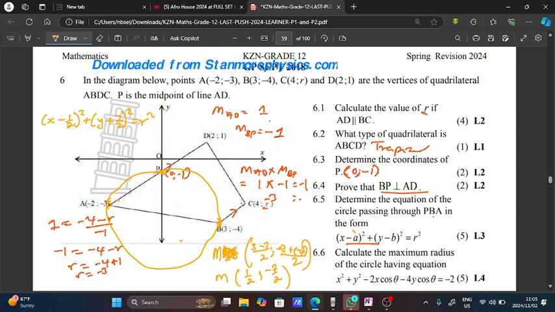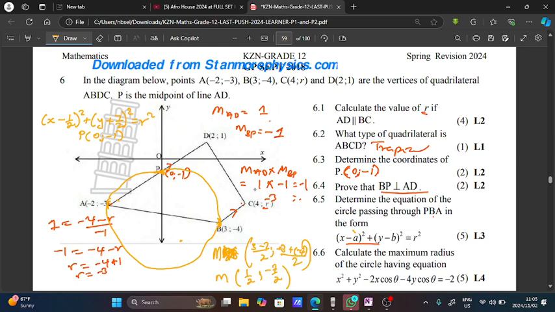Can you see that? Now from there, we substitute any point. The simplest point is P again. So substitute P, with the coordinates of 0 and negative 1.